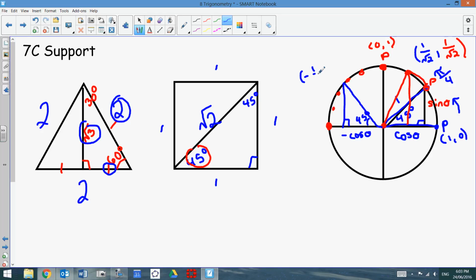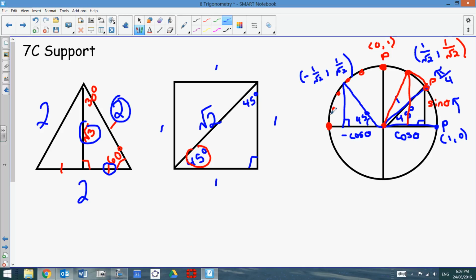So I'll have negative 1 over square root of 2, but my y value is still positive, so 1 over square root of 2. All right, so any triangle that I wind up matching for an angle in the first quadrant is going to repeat in the second quadrant. However, now my x values or my cosine values are negative, but my sine values are positive.